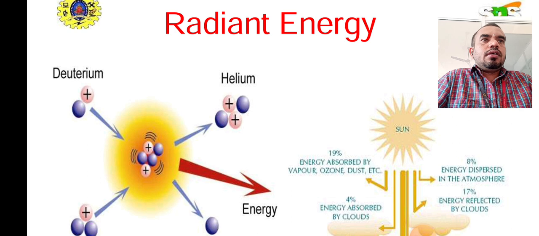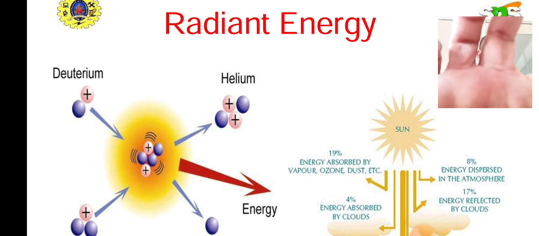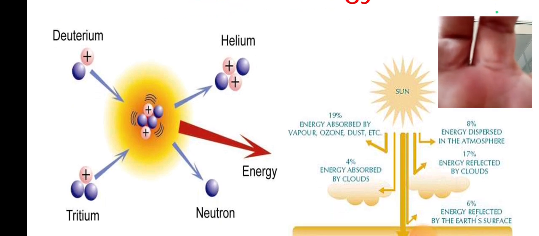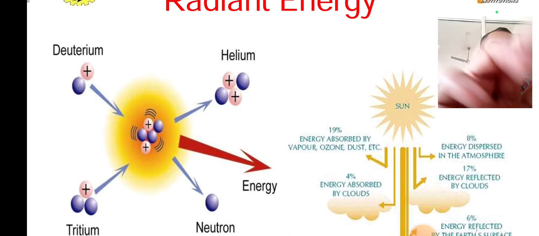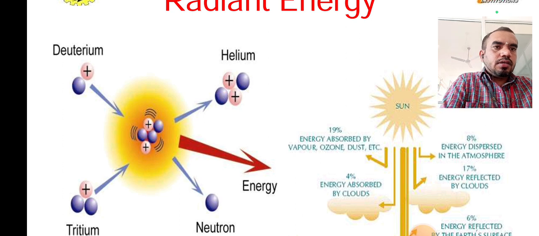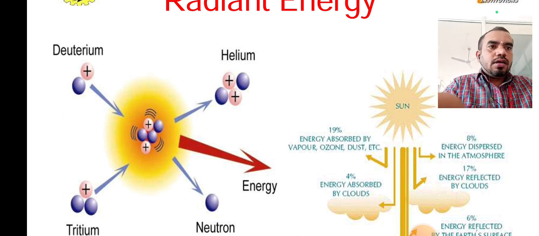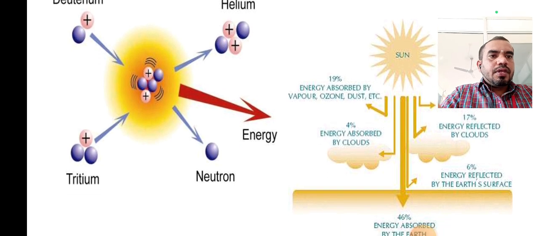The radiant energy incident on the surface of a body may be partially absorbed, partially transmitted and partially reflected, as shown. As you see in this picture, the sun emits solar radiation, and then it reaches the earth.